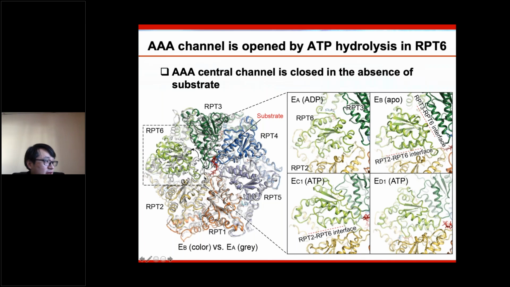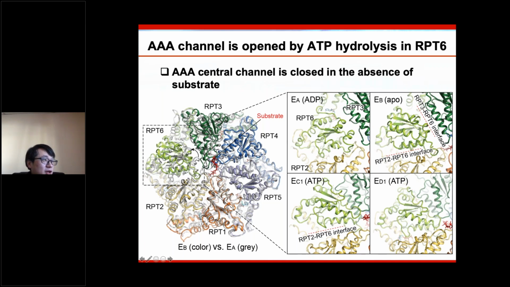And you can see that the colored structure, particularly the pore loop that's interacting with the substrate, moves out a little bit. Then the largest movement is in RPT6. That is almost like it's flipping out.